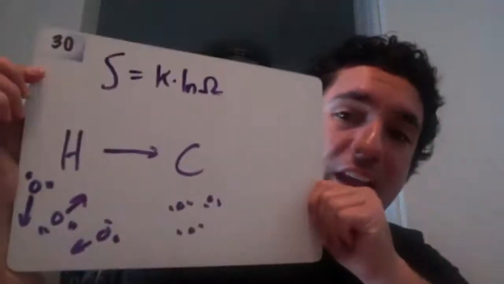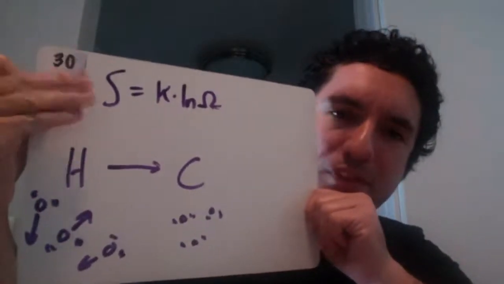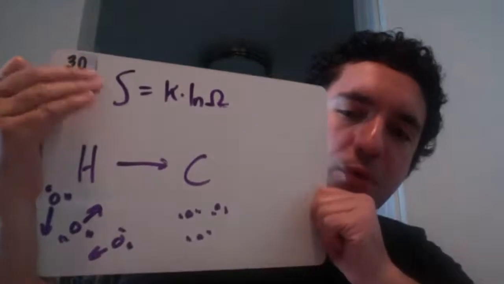Because if you think about it like this, I'm just gonna try to draw it out real quick. Heat always flows from hot objects to cold objects, and that's all about entropy. That's about this multiplicity and this idea of disorder increasing.